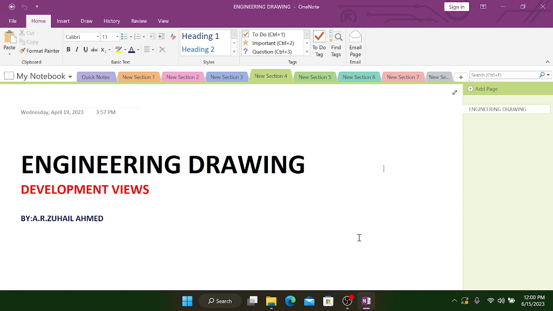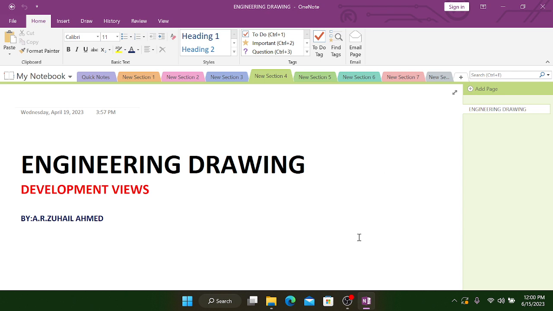Under the cone, I'm going to develop a truncated cone and a truncated hexagonal pyramid. And I also have to explain some examples, or at least one example. This is a very small session for you all.